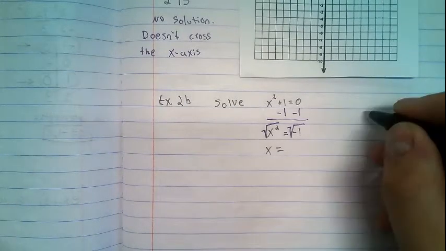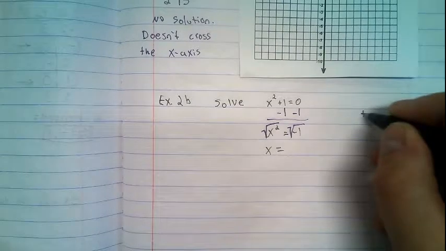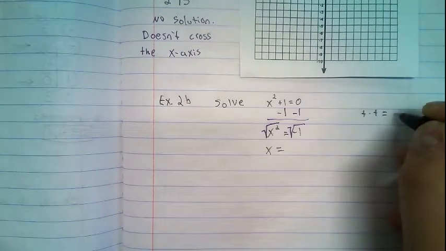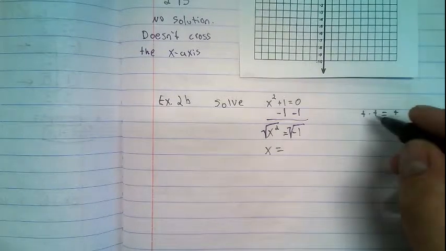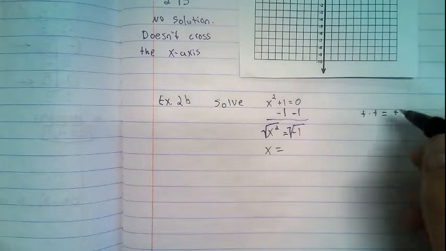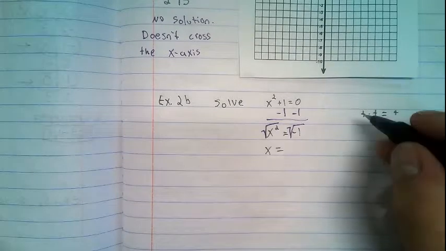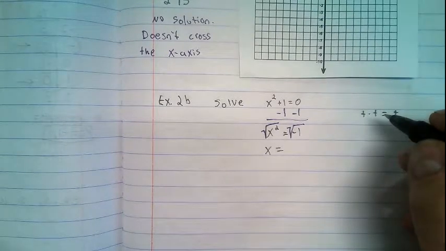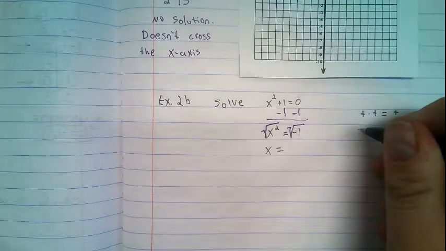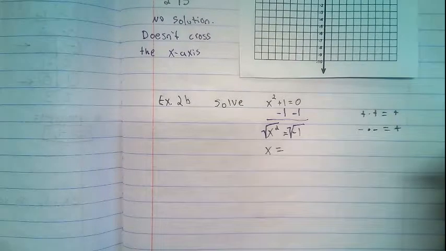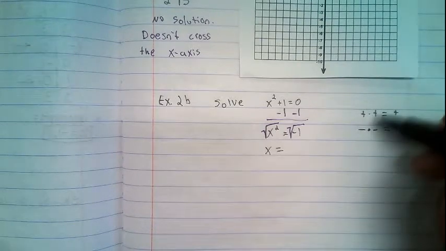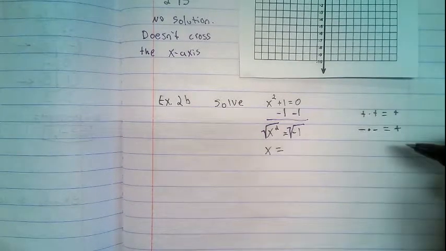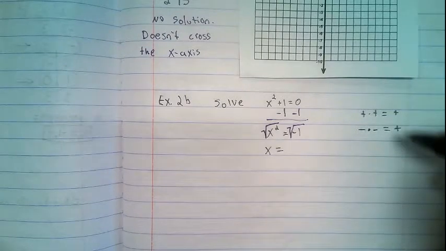So when you are multiplying a positive number times a positive number, it always equals a positive number. Like positive 2 times positive 2 is positive 4. So the square root of positive 4 is positive 2. Or it could be negative 2, because a negative times a negative is also a positive number. And since I can't change the sign when I multiply by the same number, my result is always positive.